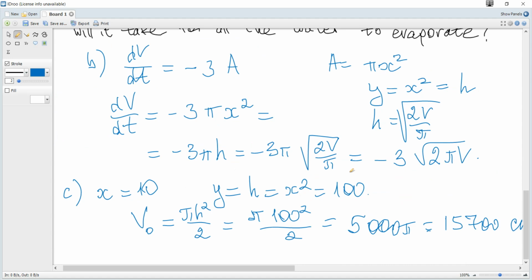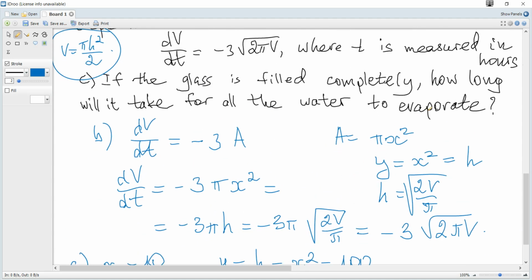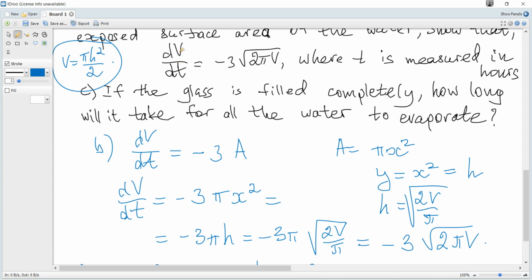And what do we need? We need the time for water to evaporate completely. For the water volume, the rate of change of the volume with time is represented by this differential equation, how V changes with t.